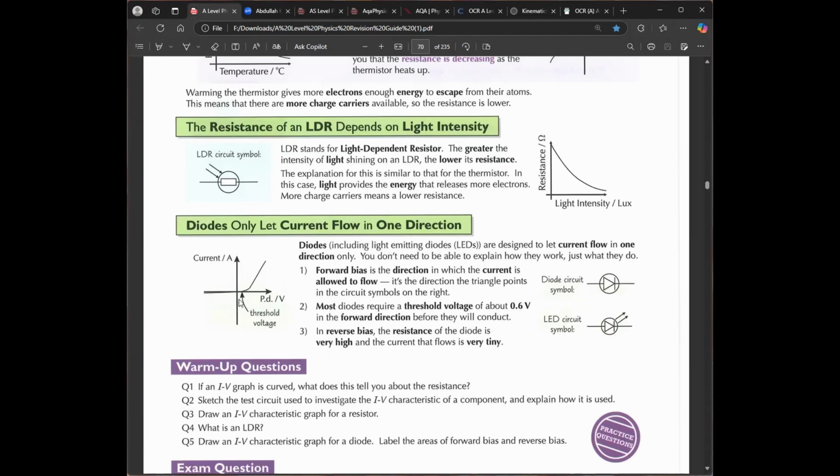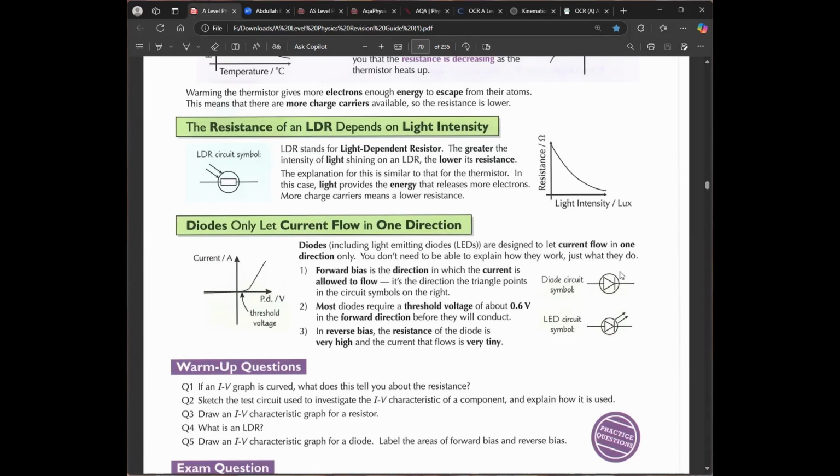In that direction, you have to provide a lot of potential difference for some current to flow, but that's not the application of the diode. So you always give the potential difference in the forward bias direction. Forward bias is the direction in which the current is allowed to flow. It's the direction the triangle points in the circuit symbol on the right.